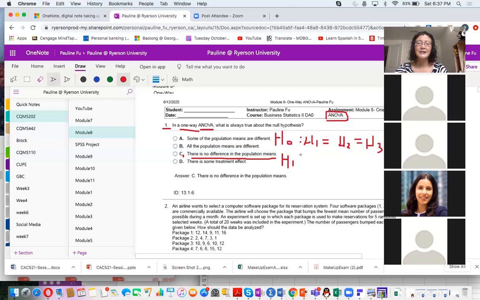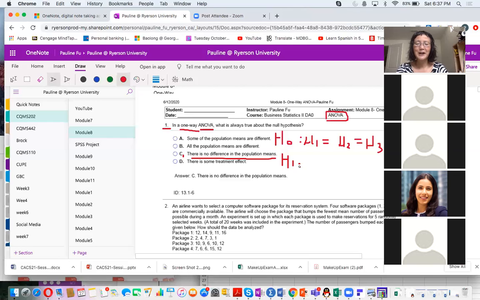So that is H0. And how do you write down H1? What is the opposite of H0? Not equals. So you would do mu1 not equals mu2 not equals mu3.